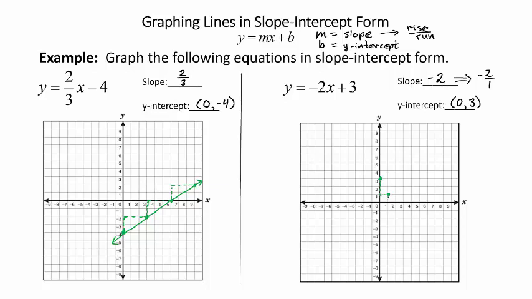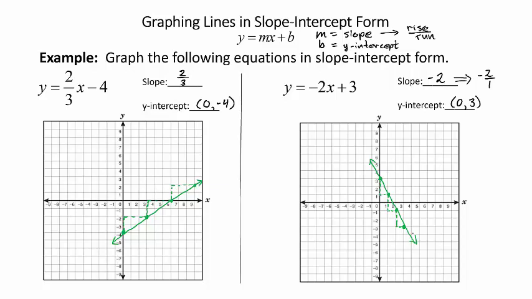So let's do that again. We're going to fall down 2 units and run over 1 unit. Okay, so in doing that twice, we now have 3 points, which is all we need. But again, you can do this as many times as you want, right? Down 2 over 1. Okay, all right, connecting those dots gives us a nice straight line there.